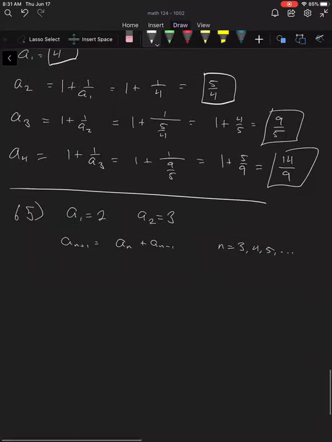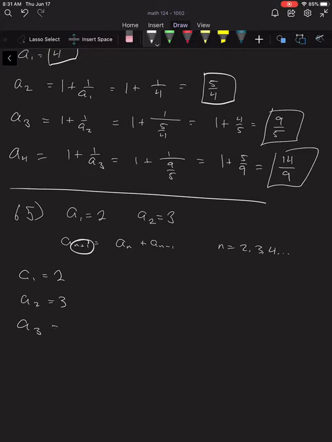So let's see, what do we have of the sequence? Let's do the first 4 terms again. We're given that A1 is equal to 2. We're given that A2 is equal to 3. Now, how do we find A3? Oh, sorry, if it's N plus 1, we have to start here at 2. So we want to plug in N equal to 2 here, because we'd have 2 plus 1 is 3.